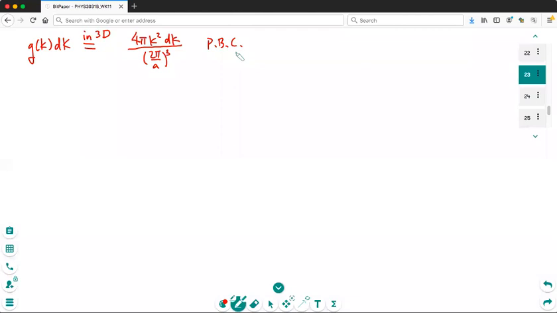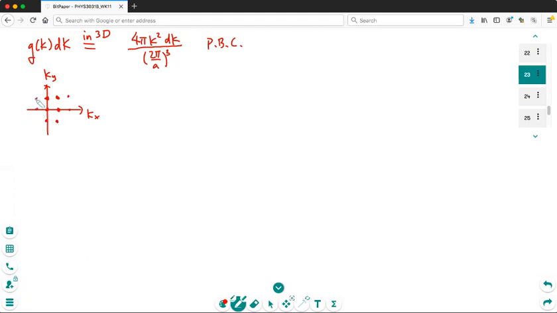Okay, I want to say a little bit more on how to get this 2 pi divided by a. Now the easier one is to consider the 2D analog. The 2D is easier to draw. So if I am in 2D, this is kx, ky. So I will have all these points. They are valid k points. Okay, so I will have a lot of them.